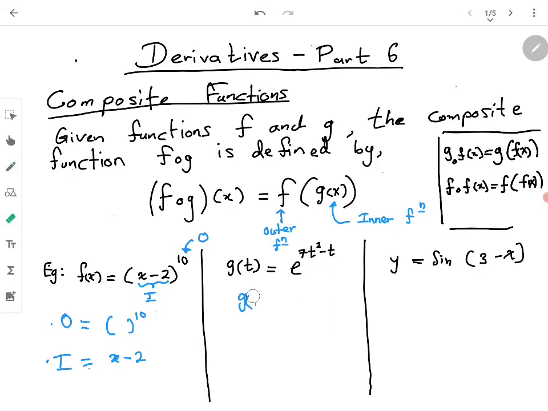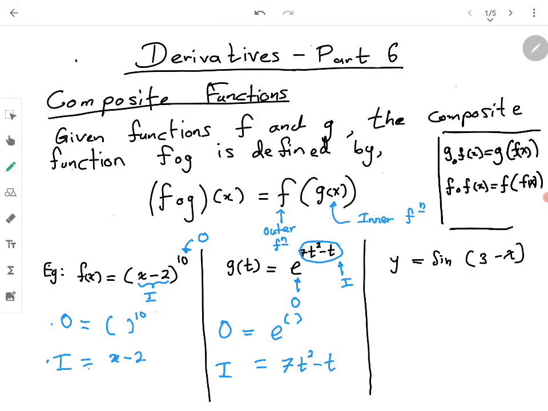And e is the outer part, which is the exponential part. So here e acts as the outer part, and the exponent, where we put the number or whatever expression we have, is the inner part. So for this function, the exponential function part is the outer part, and the exponent is the inner function part.